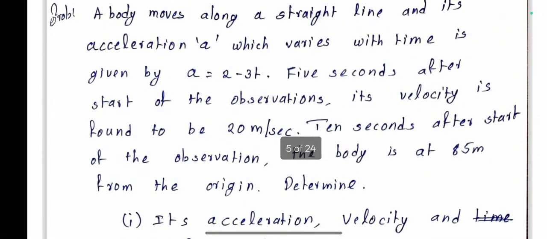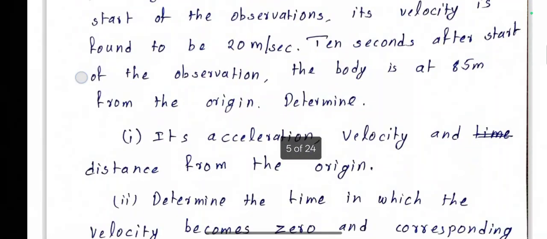After time t is equal to 5 seconds, the velocity v became 20 meters per second. 10 seconds after that, at time t is equal to 10 seconds, the body is at a distance of 85 meters from the origin.